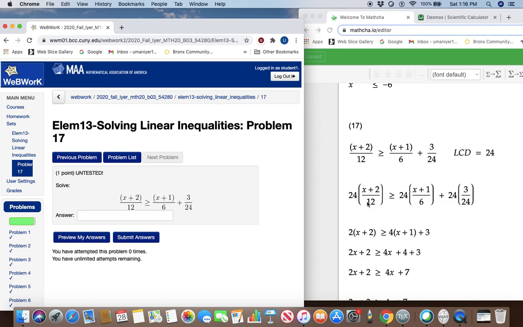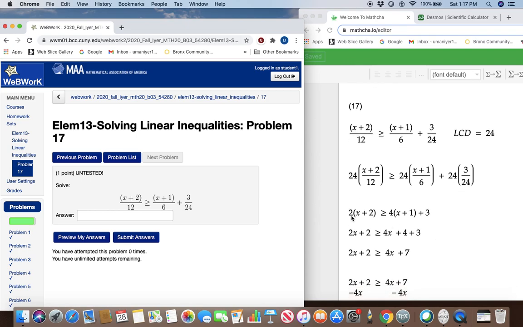X plus 2 is still there. Greater equals 6 divides in 24 4 times. So I'm left with 4 times x plus 1 plus 24 divides 24. I'm left with 3 here.